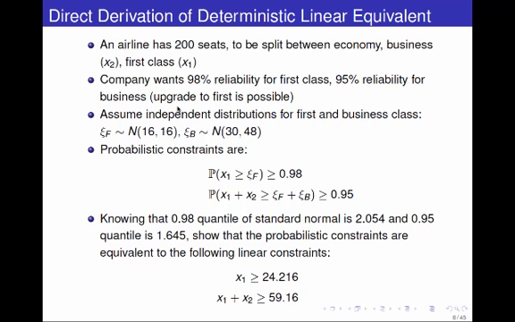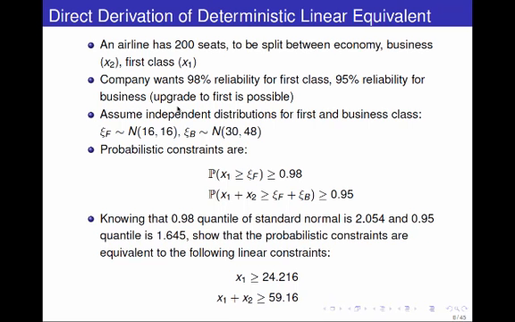And then also I want to avoid the same situation with the combination of first class and business, because if the sum of first-class and business customers that show up is more than the number of seats I've allocated in first class and business, then I have to bump some of the business class customers to economy. So two probabilistic constraints.